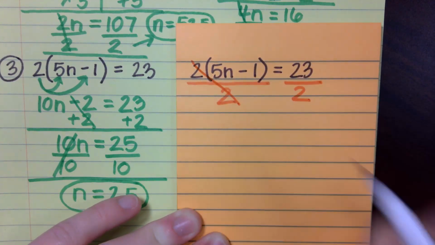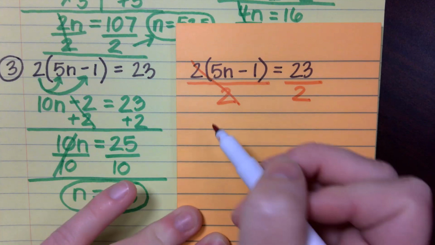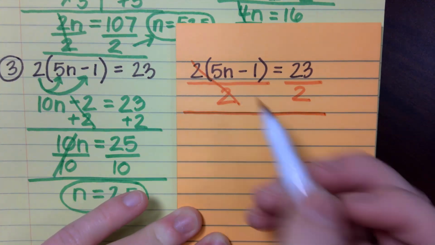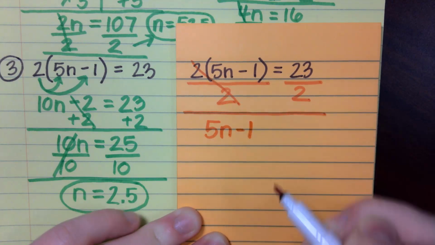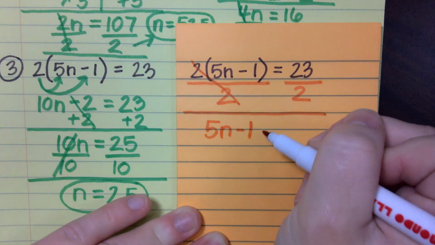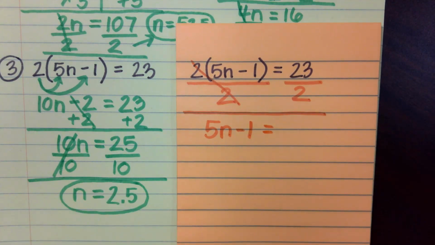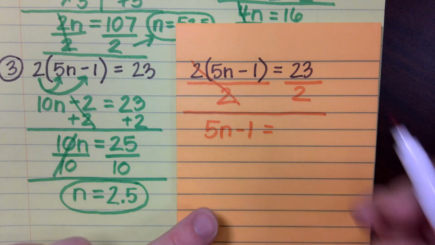And my 2's would cancel out. That would leave me with 5 times n minus 1 on this side is equal to 23 divided by 2, is that 11.5? Yeah, 11.5.